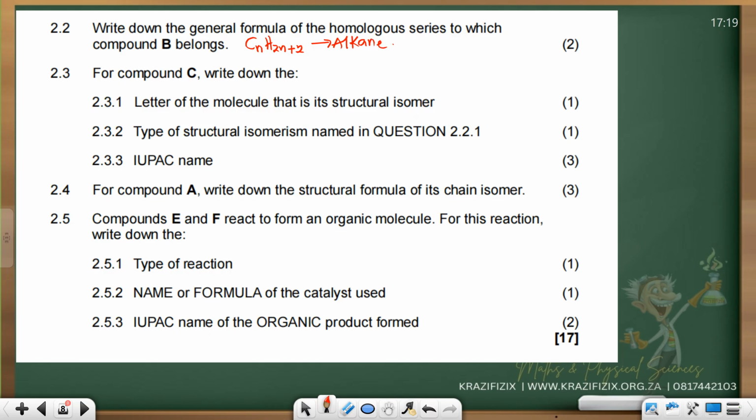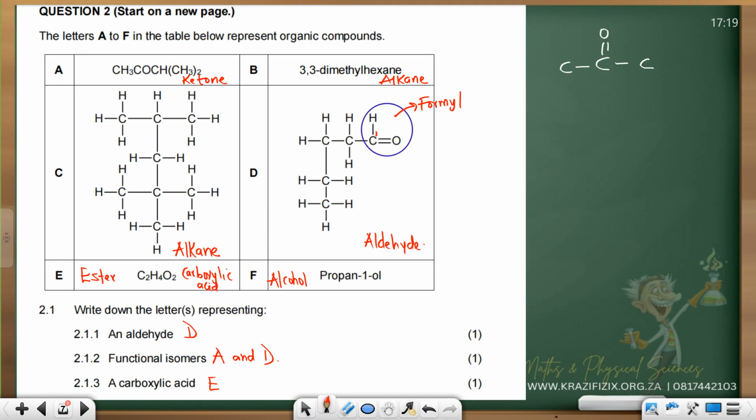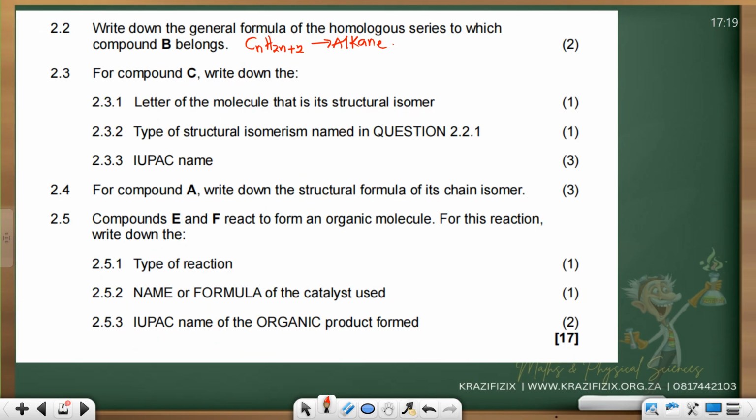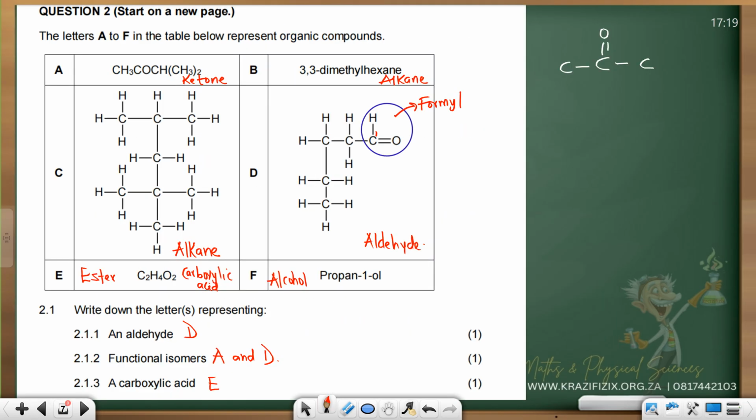For compound C, write down the letter of the molecule that is its structural isomer. Okay, compound C. What is C? Alkane. All right, what do they want? They want a structural isomer. I don't think this one is difficult.